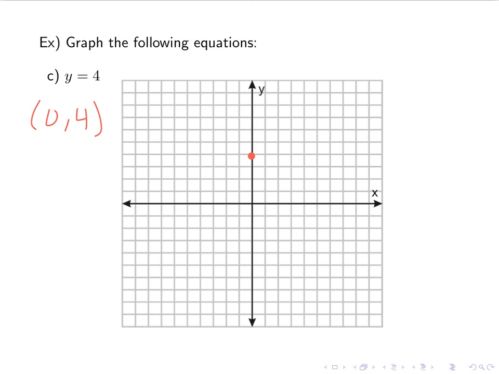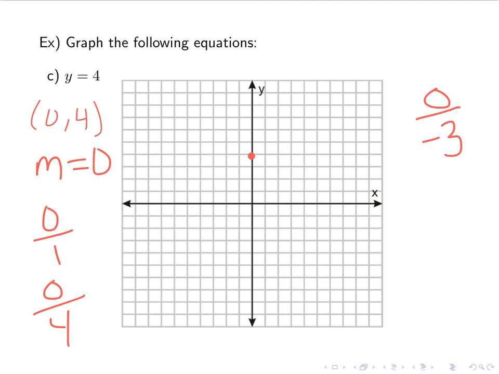And then the slope, notice that we don't have an mx. That means that m is 0. So the slope is 0. I need to write 0 as a fraction. I can do 0 over 1. I can do 0 over 4. I can do 0 over -3. Right, 0 over anything that's not also 0 is perfectly fine.